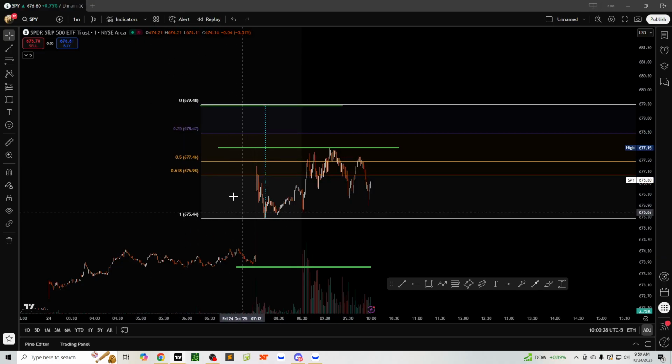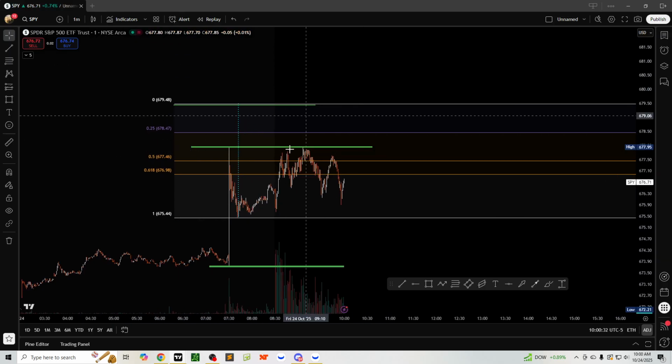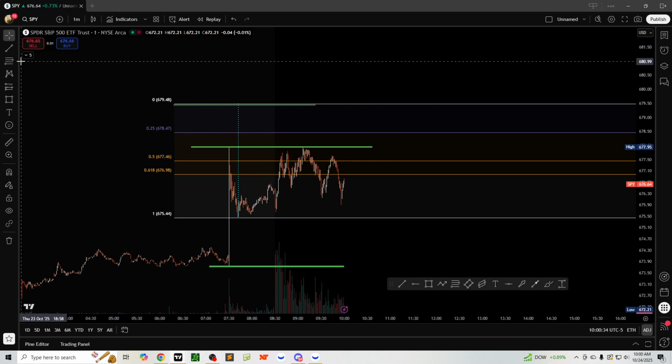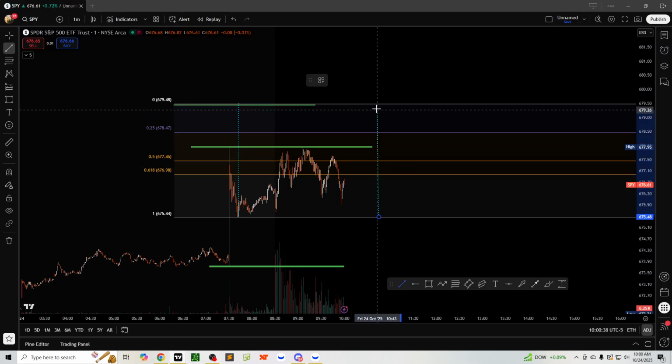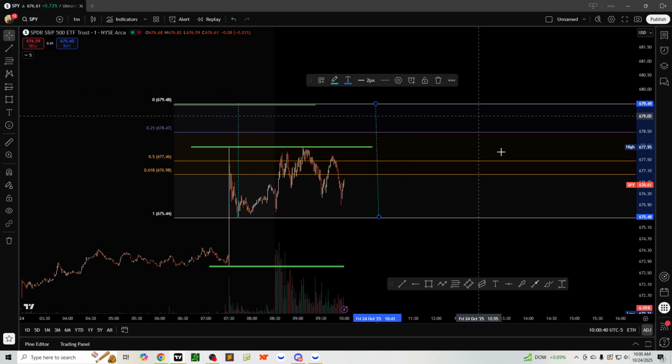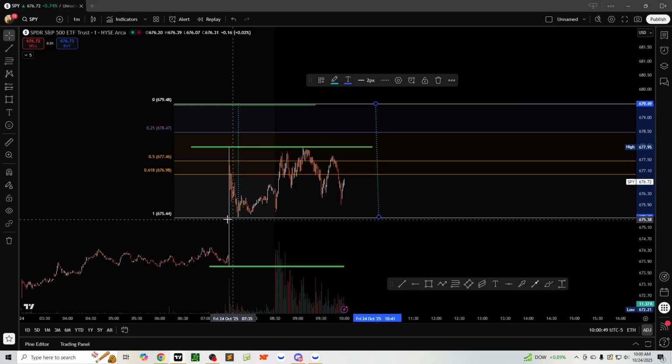But if you start here with the 1 and measure up, because we're trying to measure where the next one would be, we're anticipating the next move and then build a retrace off of that. So once you bounce, if you're looking for extended targets, you either pull up the retrace or you draw it with the opposite. So the 1's going to be at the bottom, the 0's going to be here, to try to figure out where we'll end up.